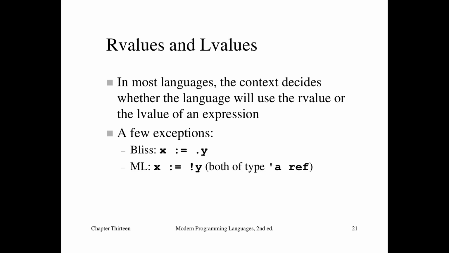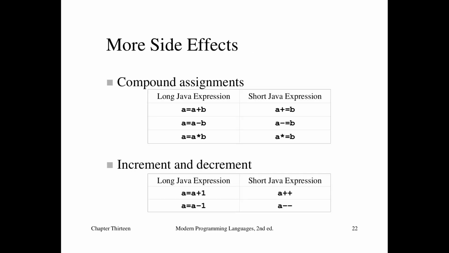Both x and y are of type aref in ML. So we're not too worried about this. These languages do not have this notion of R value versus L value; this is almost wholly an imperative, object-oriented type of view.